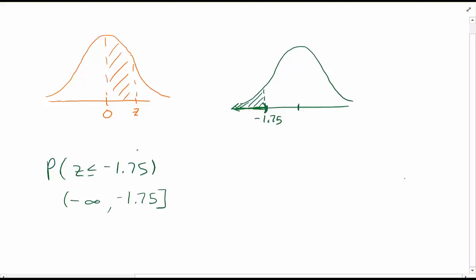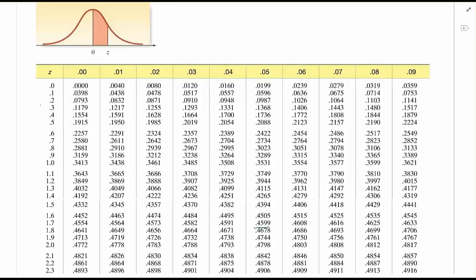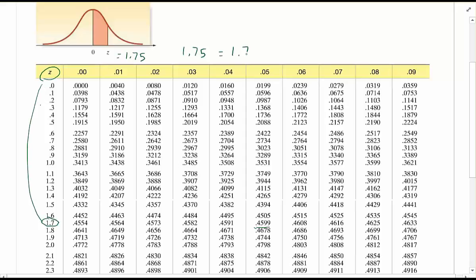Now, what I'm going to have to end up doing, the table only has positive z-values. So I'm going to have to look up a positive 1.75. Looking up a positive 1.75, that would go down to row 1.7. 1.75 is equal to 1.7 plus 0.05.